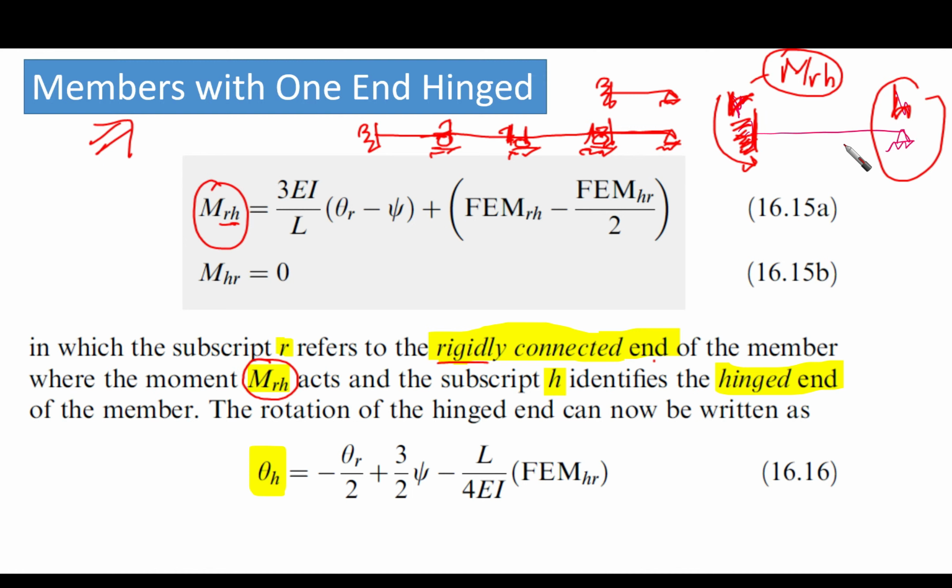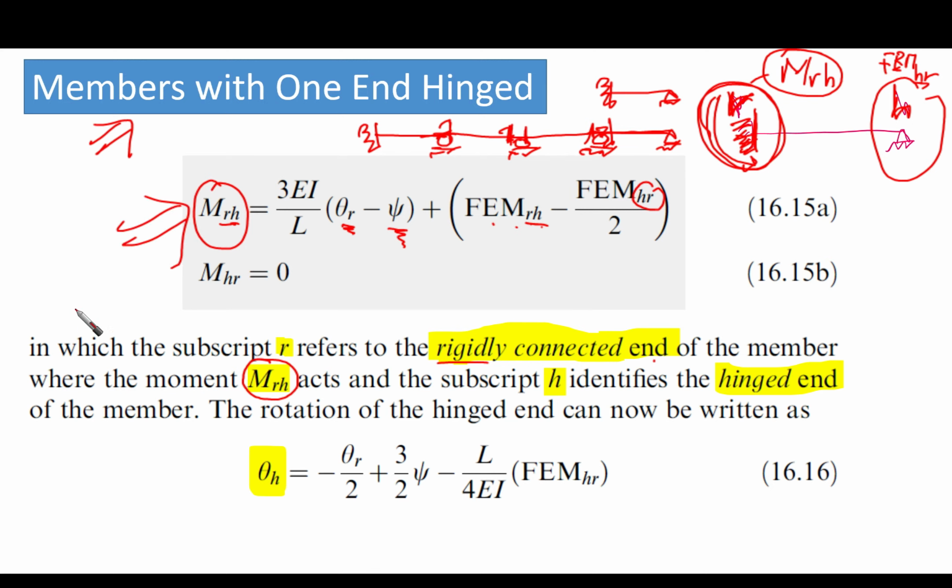So MRH is going to equal 3EI over L times theta R minus psi, plus fixed end moments RH, minus fixed end moments HR over 2, which is the fixed end moment that is going to be developed at the far end here. We're going to see some cases where we want to apply this equation.